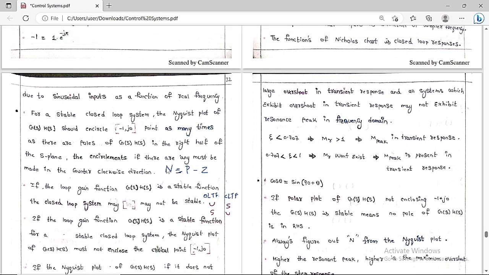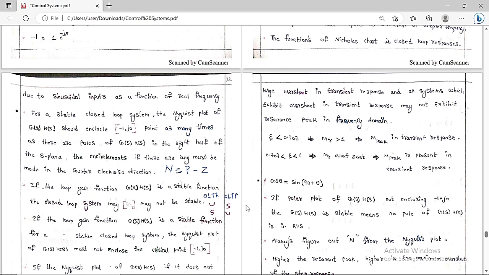So we can say that if the open loop transfer function is unstable, then we can make the closed loop transfer function stable. If the open loop transfer function is stable, then we can make the closed loop transfer function unstable. This you always have to keep in mind. So if the loop gain function G(s)H(s) is a stable function, then the closed loop function may or may not be stable; it can be stable or it can even be unstable.